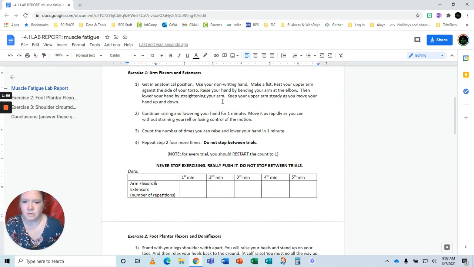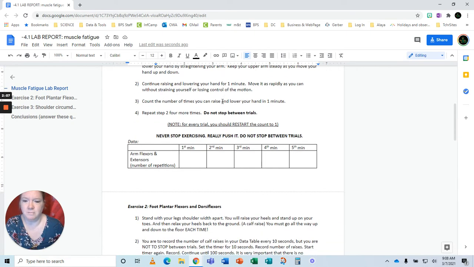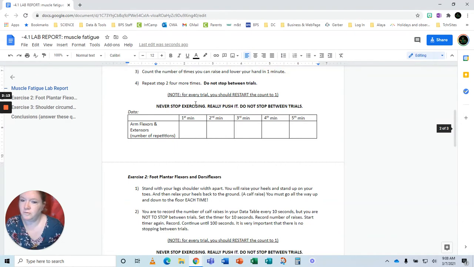Continue raising and lowering your hand for 1 minute. Move it as rapidly as you can without straining yourself or losing control of the motion. Count the number of times you can raise and lower your hand in 1 minute. Repeat step 2 4 more times. Do not stop between trials. Okay? So note, for every trial, you should restart the count to 1.